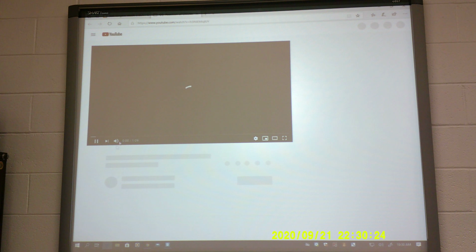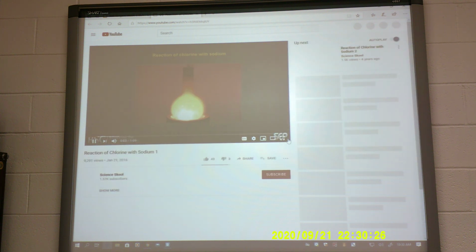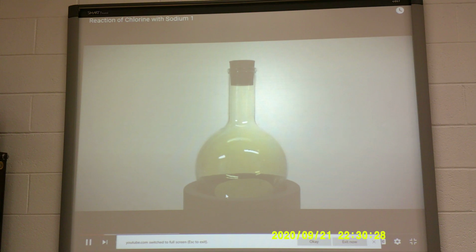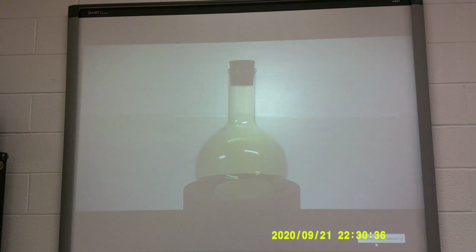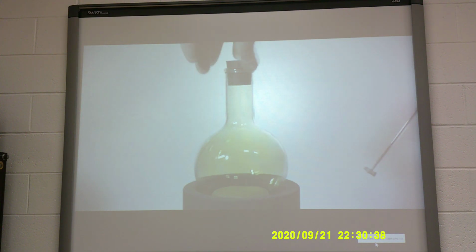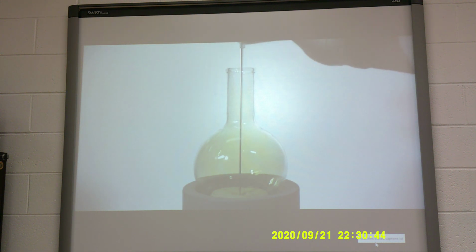This reaction can be safely demonstrated in school. In this case, chlorine has been placed in a flask, and some sand is used to protect the glass from the heat produced in the reaction. A long syringe needle has been used to pick up a small piece of sodium, and using the glass tube, it is dropped into the sand.